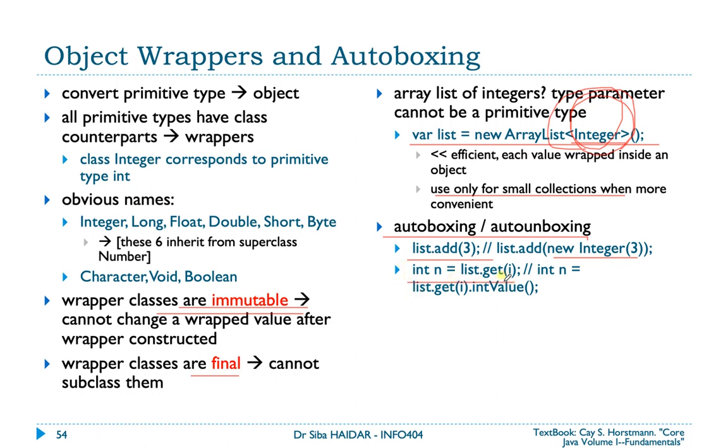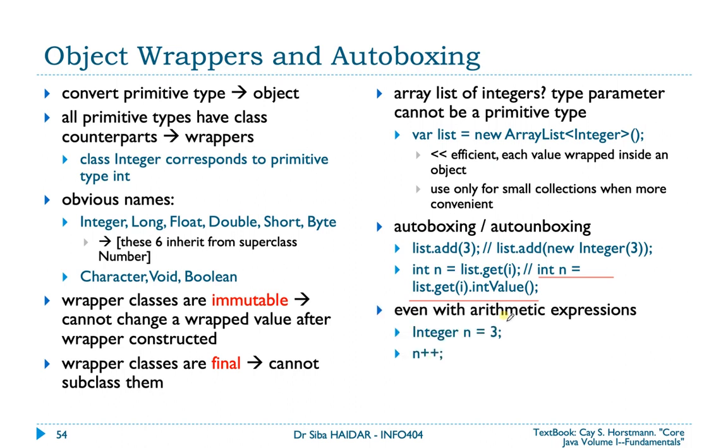Later you can also write int n equal list.get(i), and the compiler is gentle enough to unbox this. The compiler will translate this into int n equal list.get(i).intValue(). Although you don't write intValue, it's just like toString. Anytime the compiler sees that you need the primitive type of the object, it will unbox it for you for free.